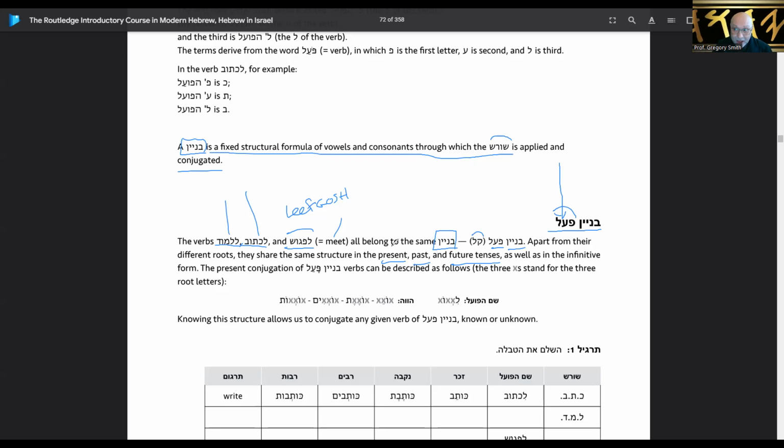Will he run in the future? Guess what? That's all distilled into one of these patterns that come from, for example, the root meaning to run. Okay, so you get the present, past, and future tenses, as well as an infinitive form. That's like to run. The present conjugation, binyan pa'al. There it is, pa'al. So that's what that is.